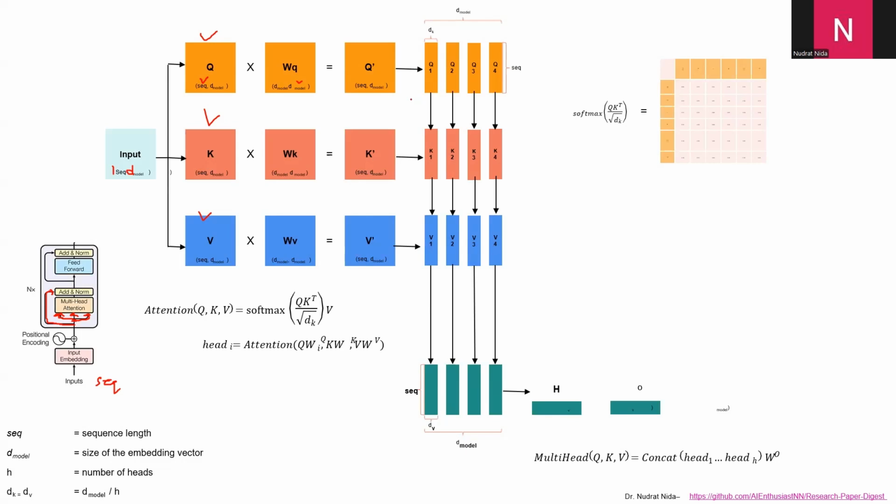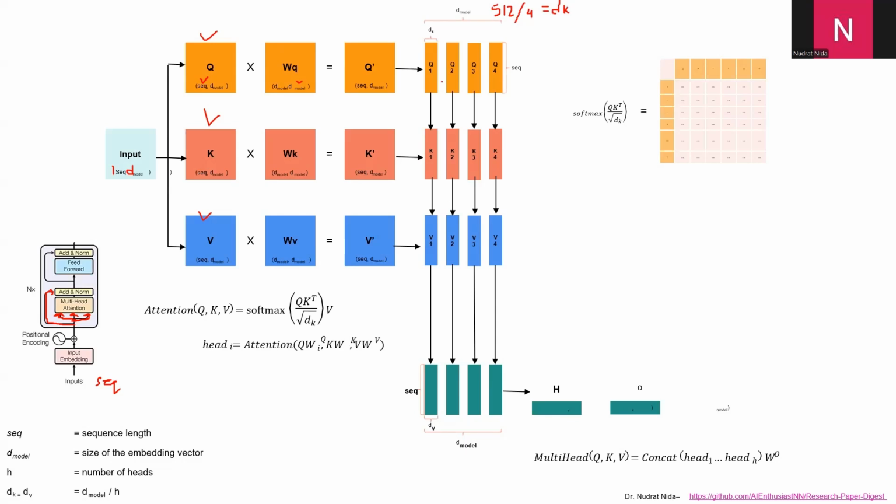So it divides the sequence by D model into small parts based on D model. So D model is 512. In this example, the embedding size is 512, and we have 4 heads. So we divide it by 4. So each part represents 512 divided by 4. So that is basically DK. DK is the small part of our embedding.